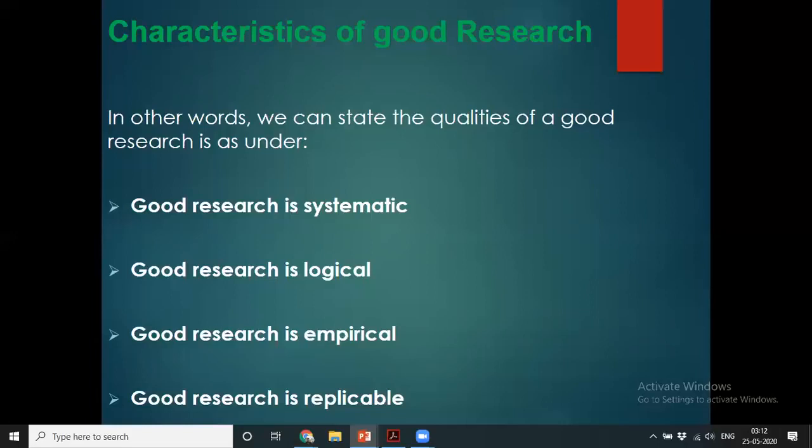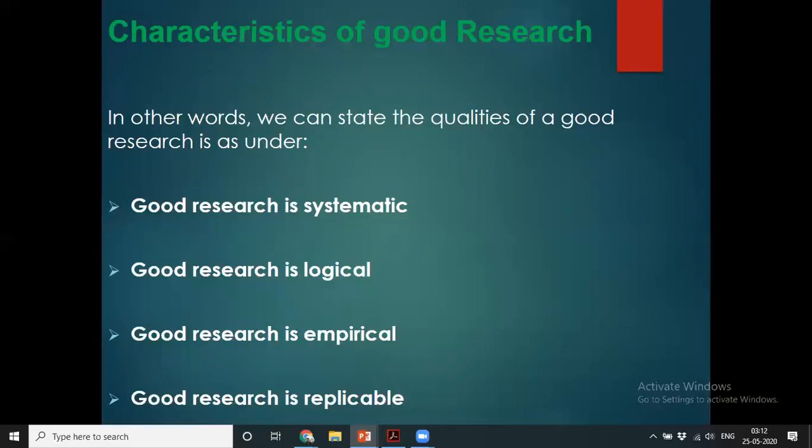Why have the properties of the material been enhanced? Why have the properties of the material changed? All these things you have to show. Otherwise, it will not be considered logical research. Then good research is empirical. Definitely, the research which you are doing must be an empirical one.